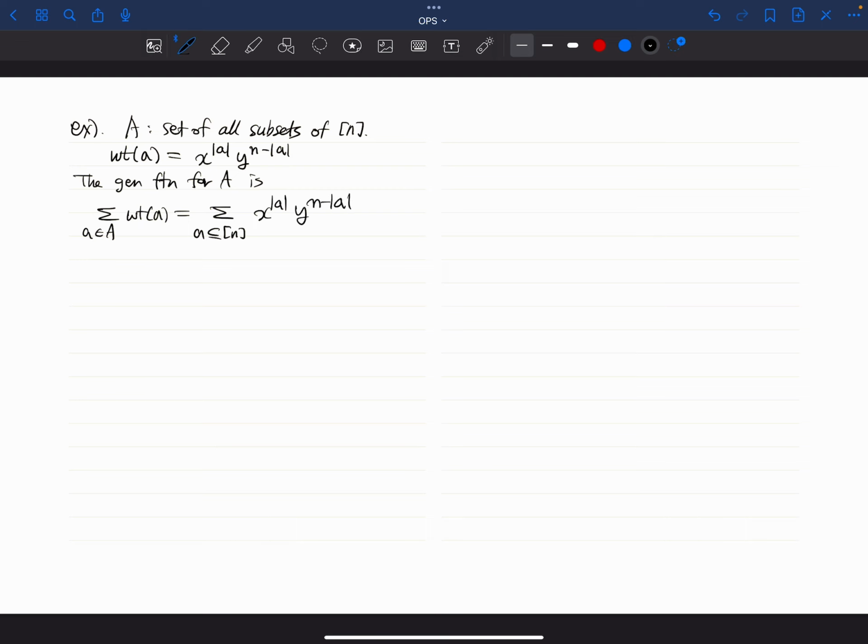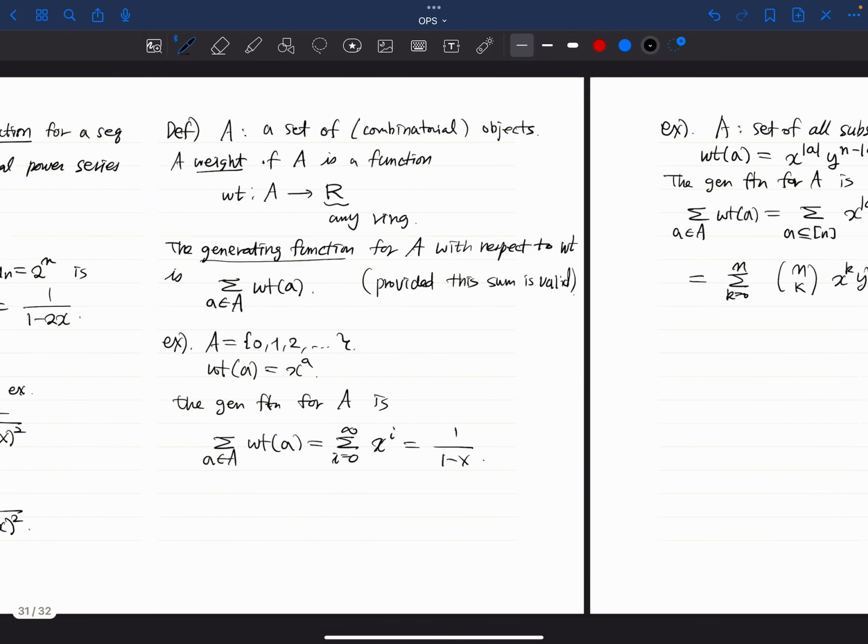If you collect all the subsets of cardinality k, where k could be from 0 to n, the weight is x to the k, y to the n minus k, and the number of such a with cardinality k is exactly the binomial coefficient n choose k. But we know from the binomial theorem this is (x plus y) to the n. So the generating function can be written in this way.